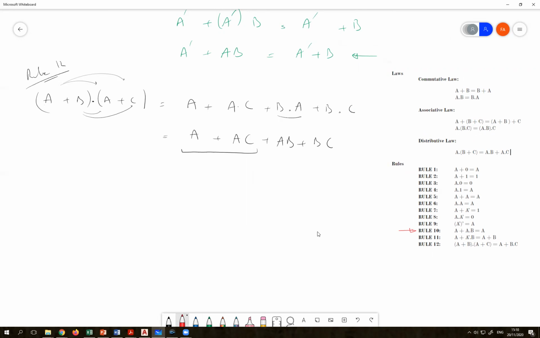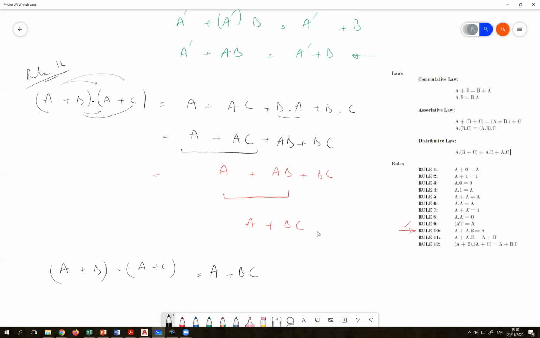Again, you can take a common factor, or follow rule 10: A plus AC is A. Again, rule 10: A or AB is A. So at the end, A or B and A or C is equal to A or B, C.